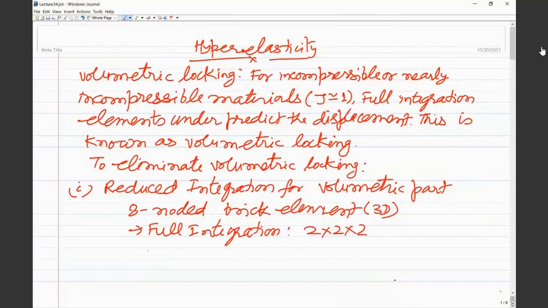For the volumetric part, you will use 1 by 1 by 1. That is just one point integration for the volumetric part, and this will take care of the volumetric locking.